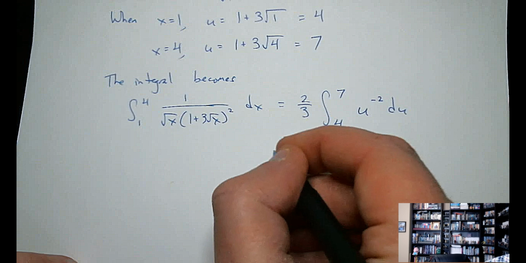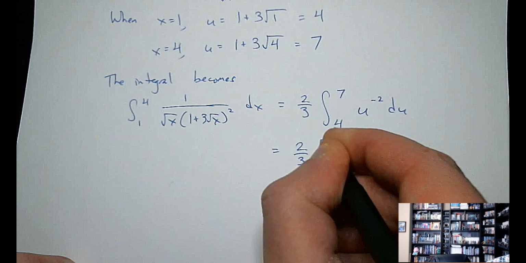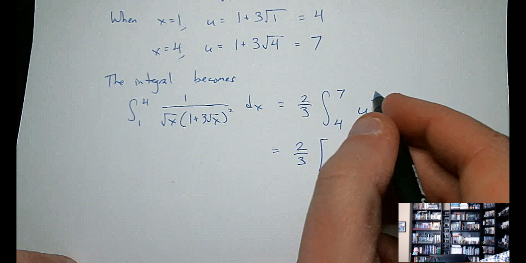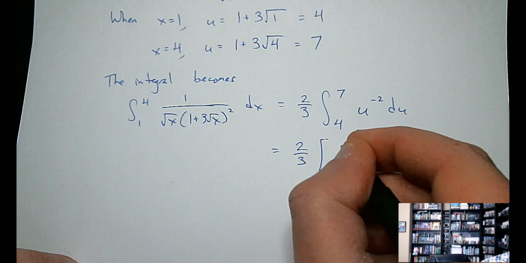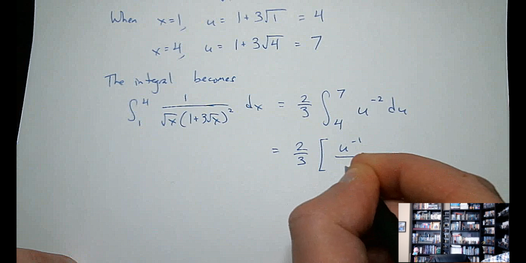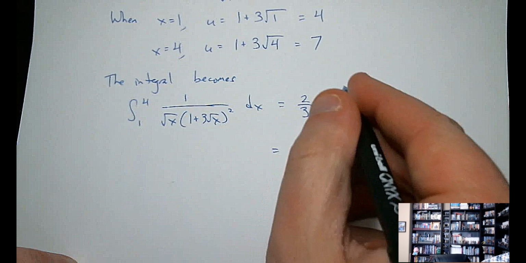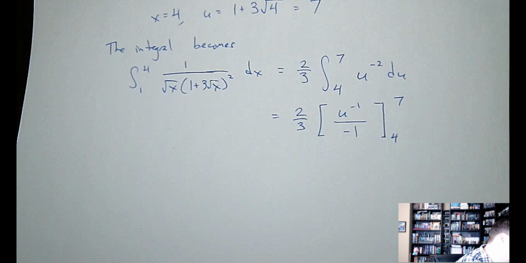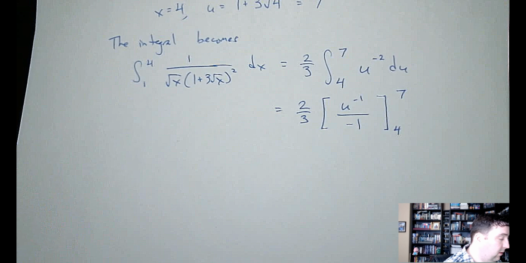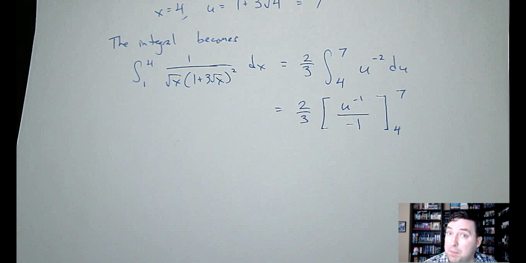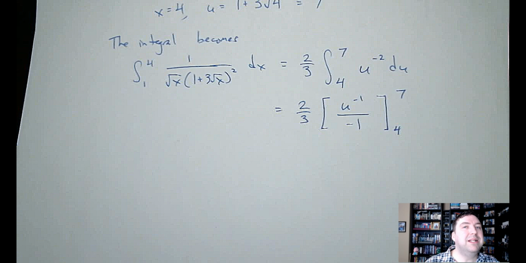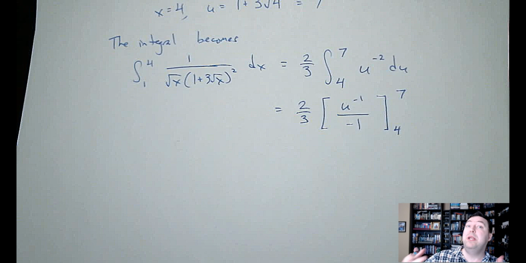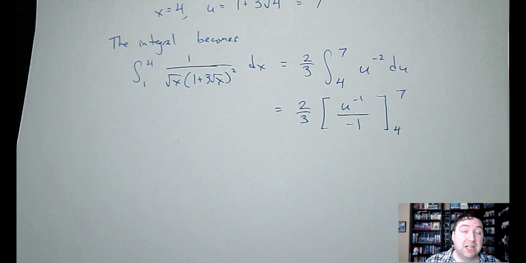We apply our power rule for integrals here. So that's going to be, add 1 to the power, u to the negative 1, divided by the new power of negative 1, and we're going to go from 4 to 7. And remember, the trade-off for that work of transforming the bounds at the start of the problem means that in this case, because this is a definite integral, we don't need to switch back to the original variable x now that we've evaluated the integral.